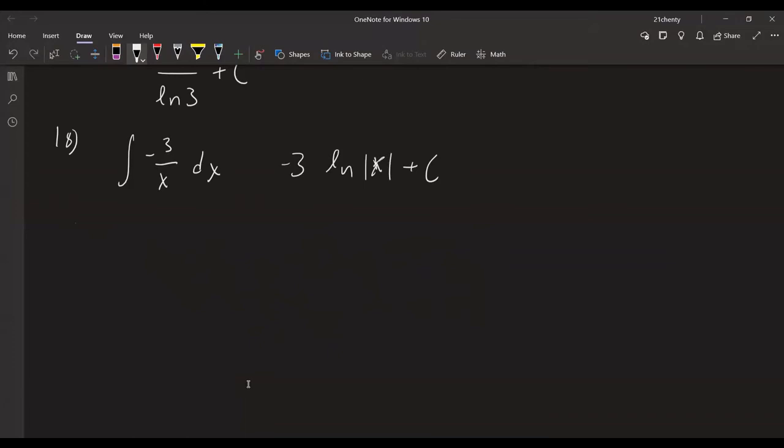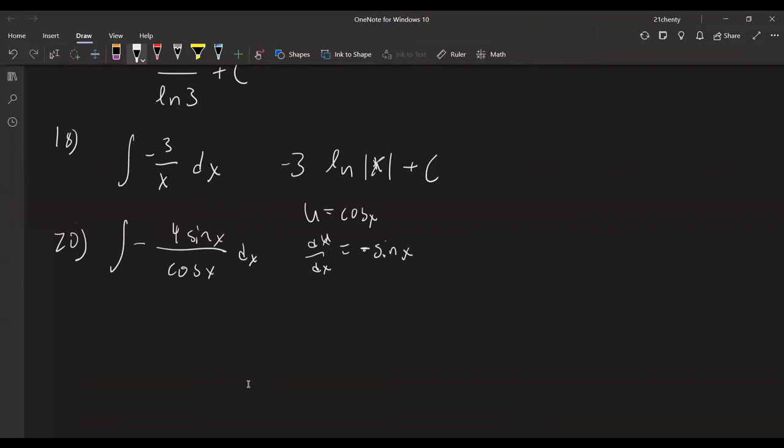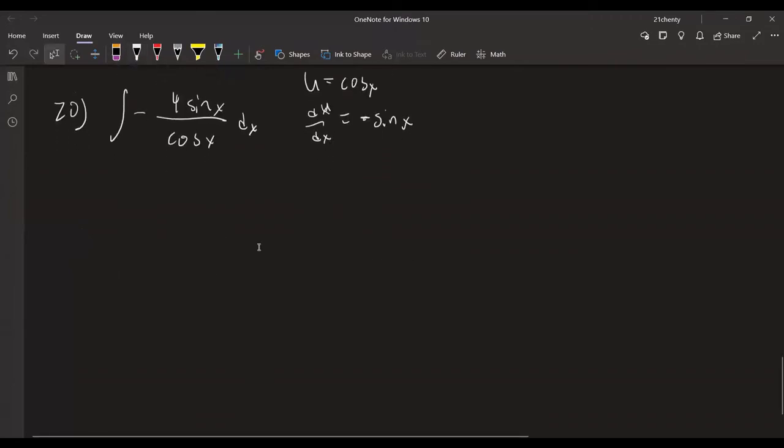Okay, now we get a little bit more involved, but still not too bad. 4 sine x over cosine x dx. You could turn this into tangent, but the easiest way, I think, is just u sub for cosine x, which means du over dx will be the negative sine of x. And then, plugging that in.